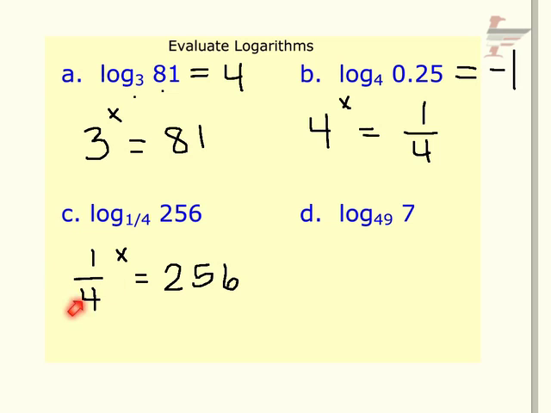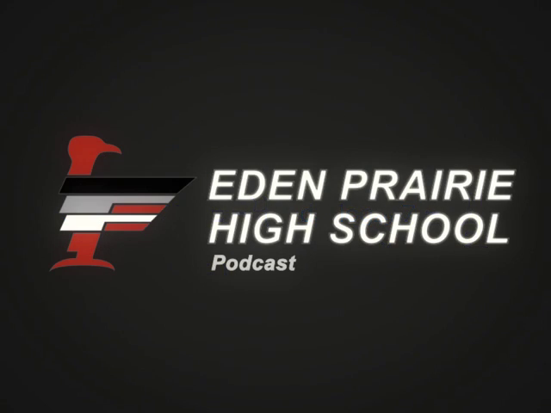So if 4 to the 4th is 256, then I want to raise it to a negative exponent so that it flips, so that is really going to be equal to -4. And last but not least, log base 49 of 7, so 49 to the what power equals 7. Well, I know the square root of 49 is 7, and the square root as a power is 1/2. So 49 to the 1/2 would equal 7.